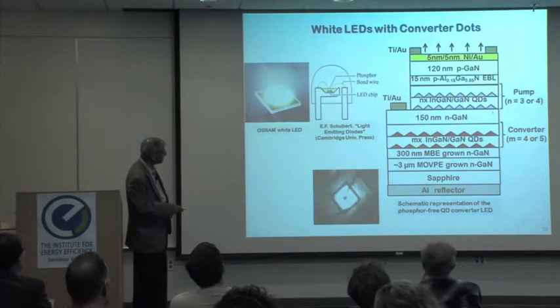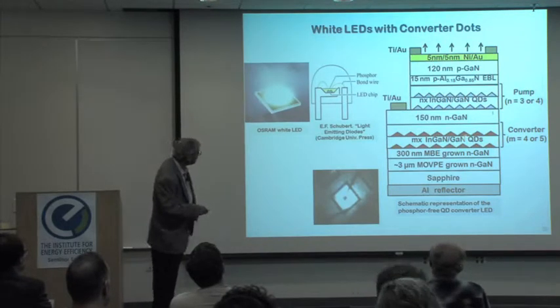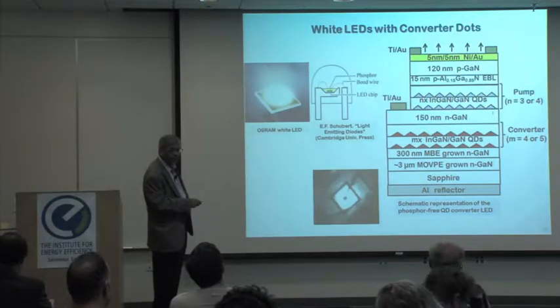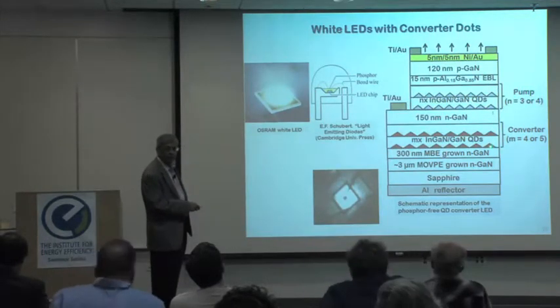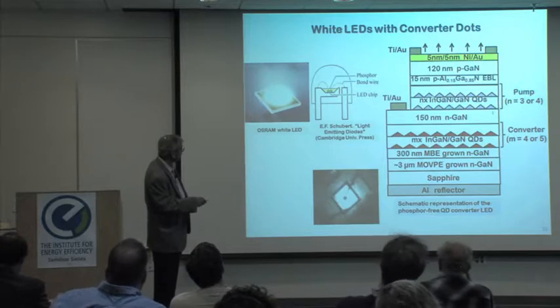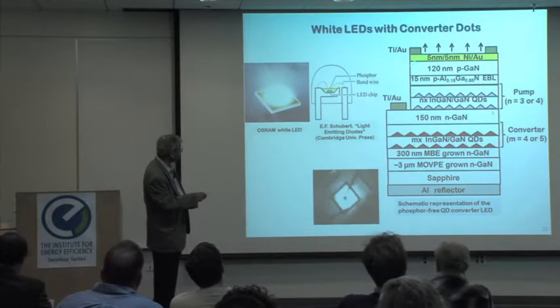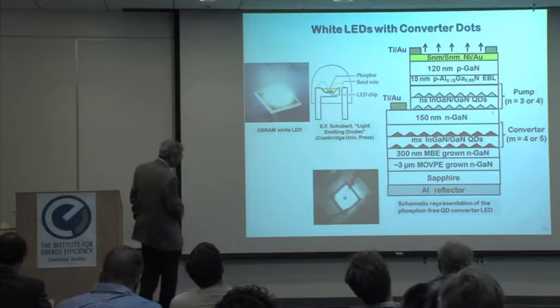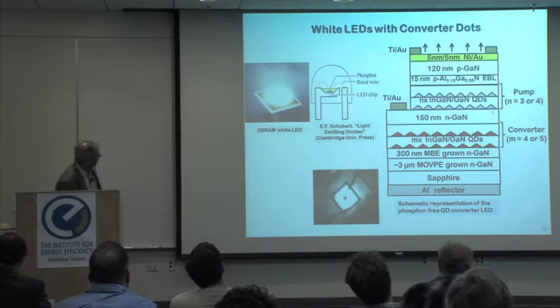So it's a set of passive dots, and these are excited by these blue emitting dots, which we call the active dots. So the red dots are the converter dots, and the blue dots are the exciting dots, and that's the PN diode there. And we put an aluminum reflector at the bottom at the end after processing.